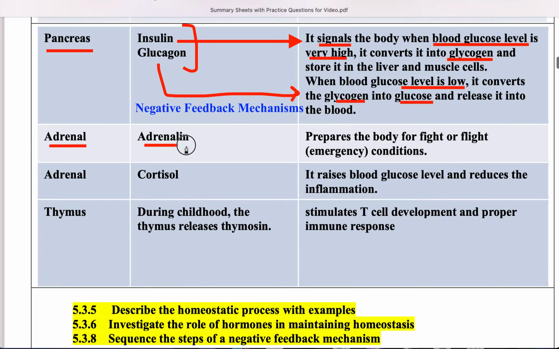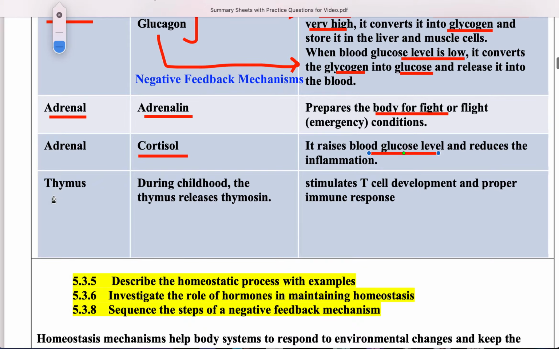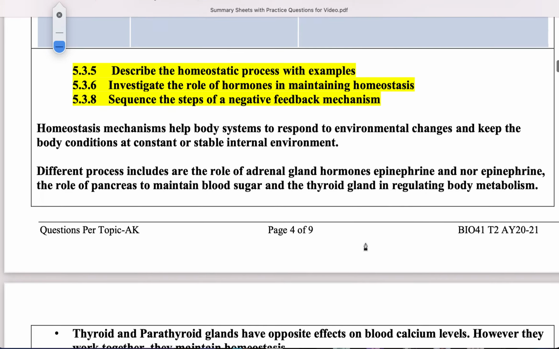The adrenal gland releases adrenaline and cortisol. Adrenaline prepares the body for emergency, fight or flight conditions, and cortisol increases the blood glucose level and reduces inflammation. Thymus, the last one, is mainly involved in the immune system and produces the T cells.